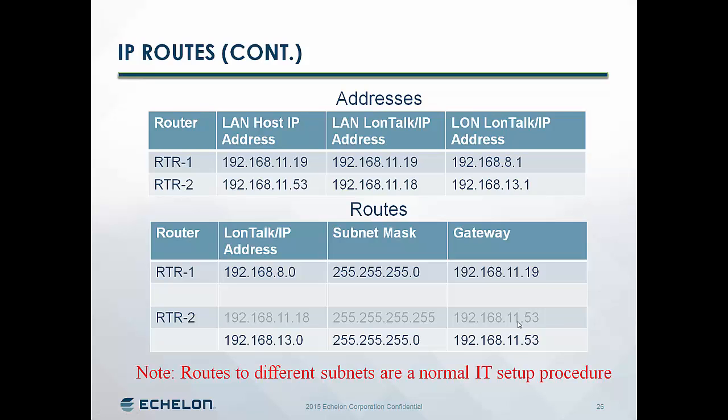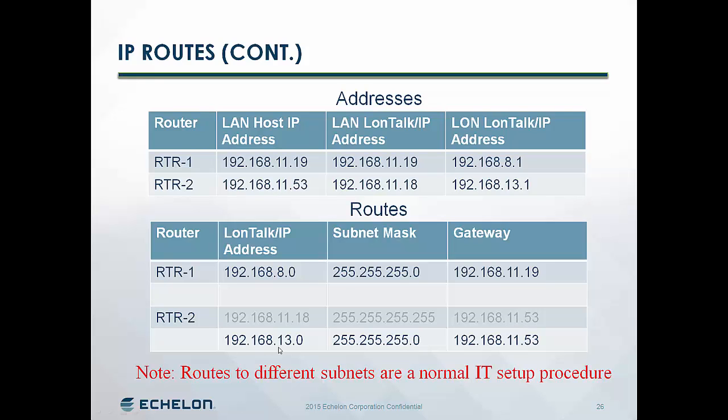However, in this instance, it's the same subnet as the host IP subnet, and therefore we need to treat this specially in that the static route cannot be in the default gateway. It has to be put as a persistent route in the PC, which we'll show you in a second.